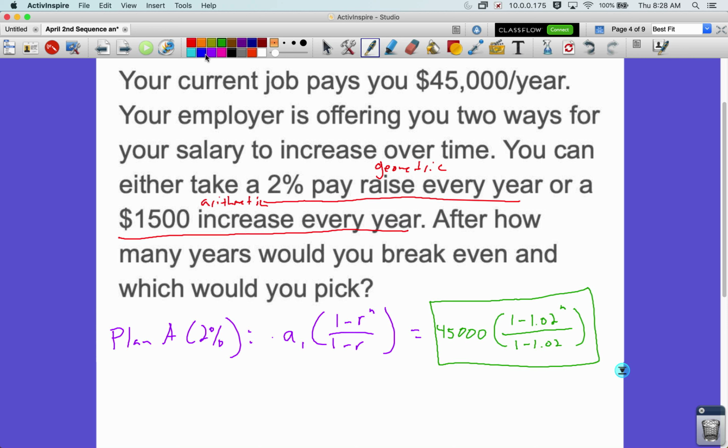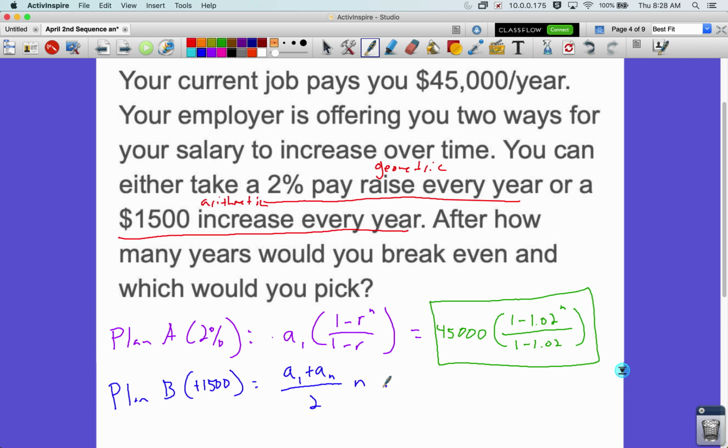For plan B, this is the plus 1,500 every year. And the formula for the sum of an arithmetic sequence is, well, the way I like to do it is you take the first and the last term, you average them, and then we multiply by the number of terms.